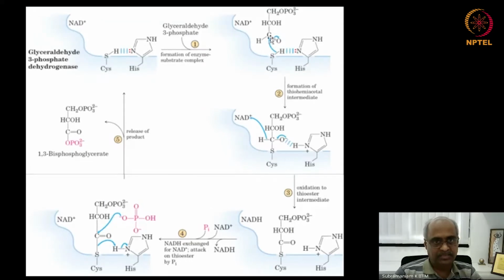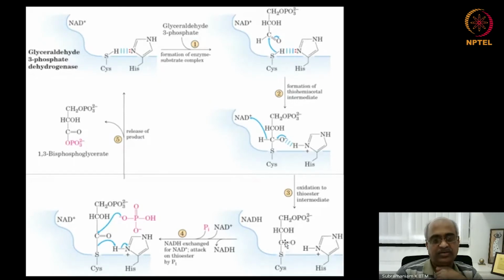Again you can see this carbonyl group, this carbon will have a partial positive charge, and as a result it is susceptible to nucleophilic reactions, and that's how you get this thiohemiacetal, and that again undergoes oxidation to the thioester form.